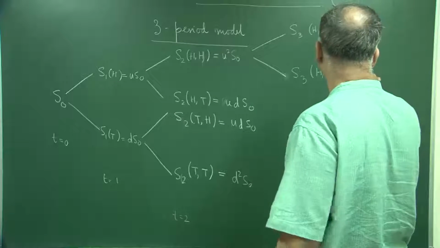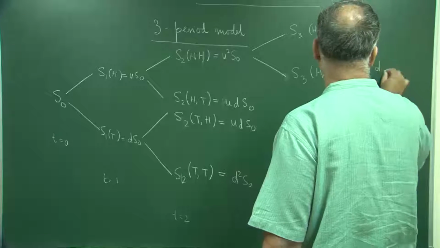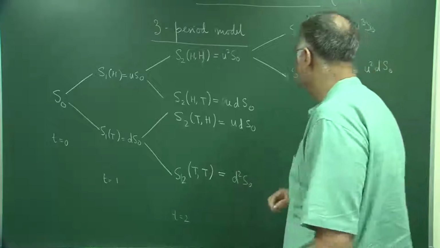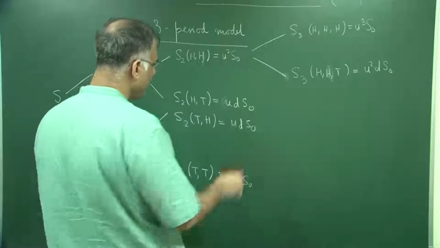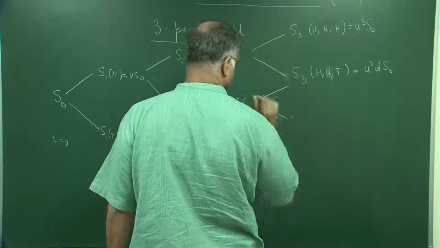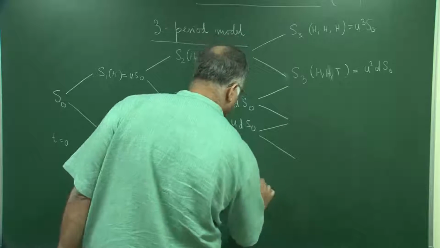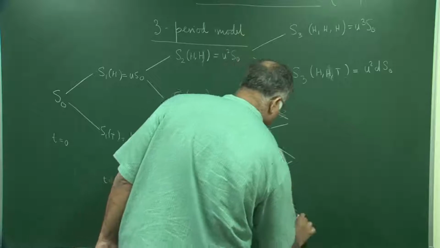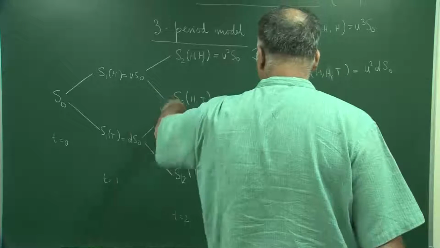So, this will become U square D S naught. Similarly, if you look at this point, you can also make from here two choices, and from here you can make two choices, from here you can make two choices. So, 8 choices in total.